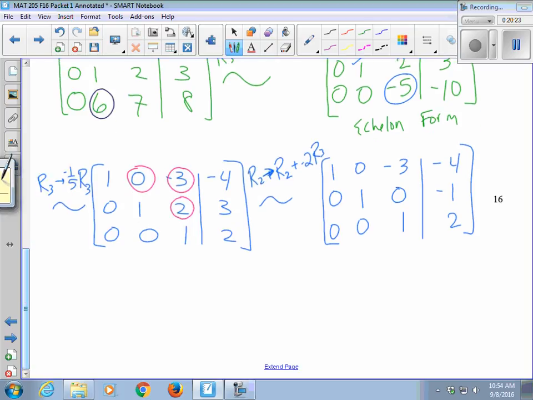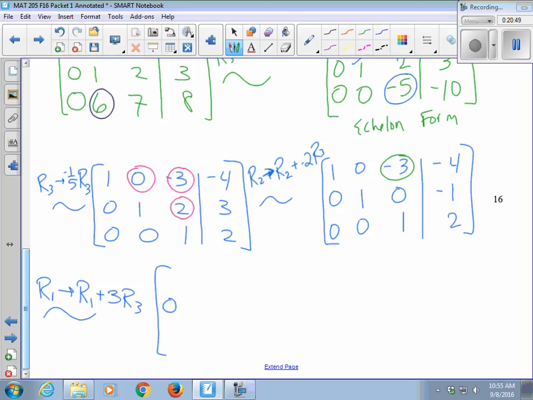Next goal is to eliminate the -3. So we're working column by column. We're still working on the rightmost column. I want all zeros above the pivot. So to get rid of that -3, you got it. R1 is going to change. So you're going to take R1 plus 3, row 3.